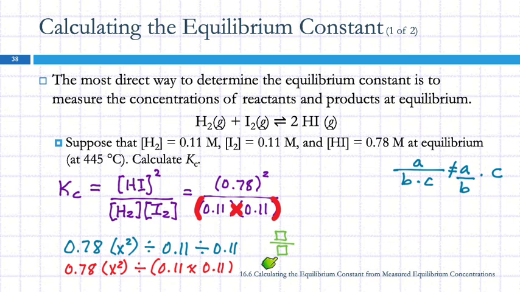When you press that button, now the display is showing you a fraction, and you can type in 0.78 squared and 0.11 times 0.11, and your calculator understands what you're doing. So choose a method, and let's make sure we can all get the right answer.